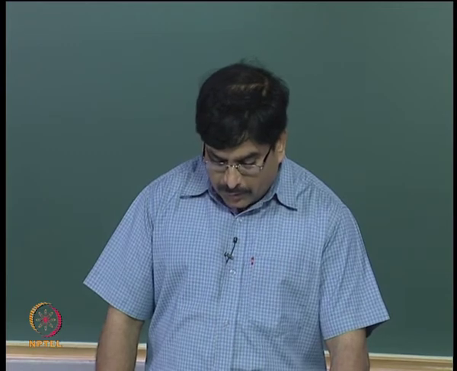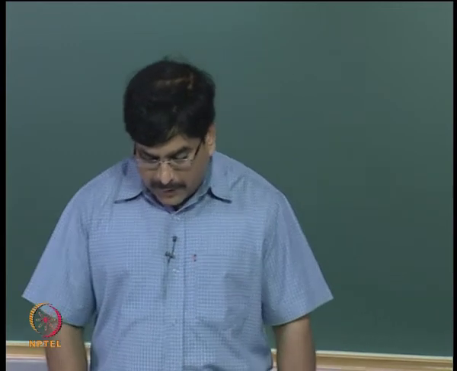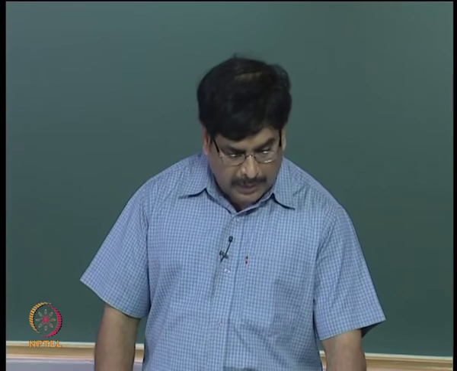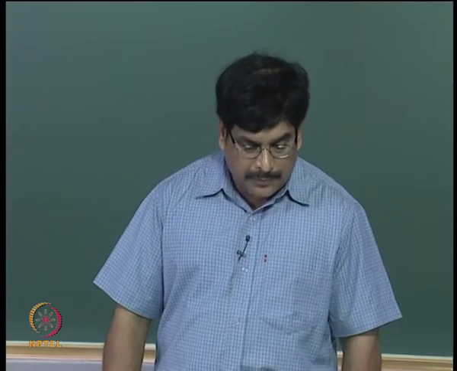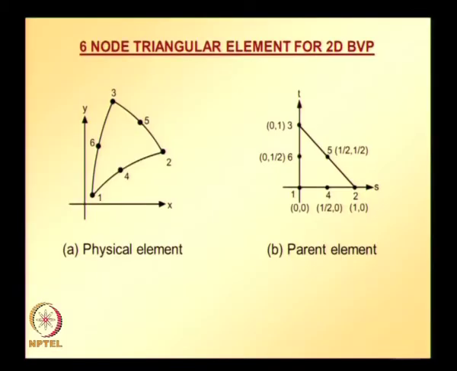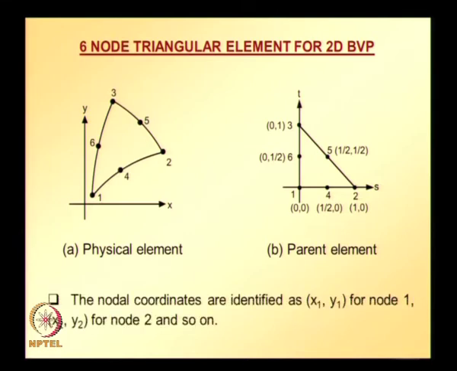So, a 6 node quadratic triangle element with curved boundaries and its parent element are shown here. The physical element and parent element of the 6 node triangle are shown, and the nodal coordinates of the physical element are identified as x1, y1 for node 1, x2, y2 for node 2, and so on.